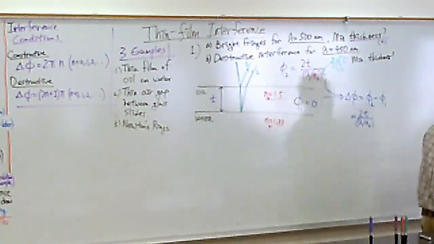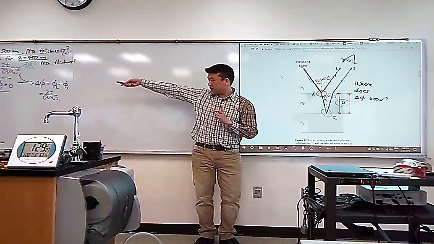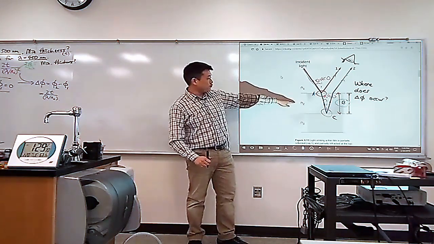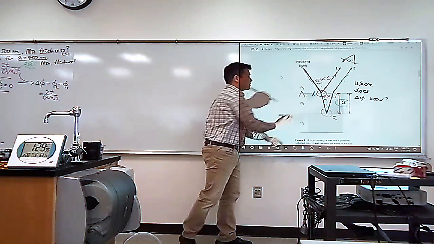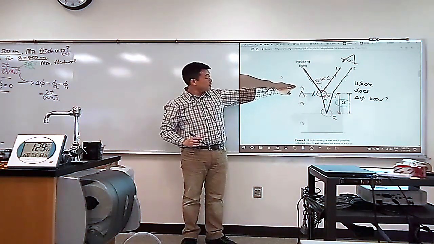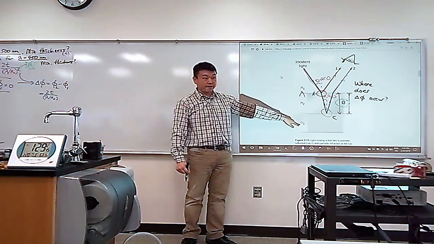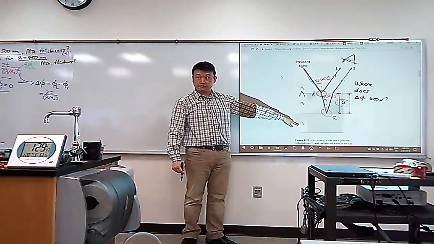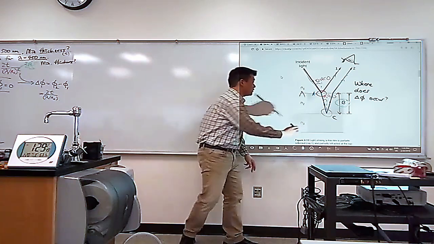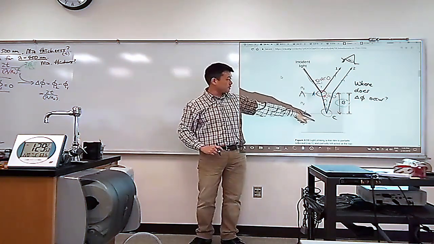So let me label it here. Let me set them in this order that sort of matches up there. So let's say n2 is greater than n1. This is 1, this is 1.5, this is greater than that. And the way I have it set up there, n3 is smaller than n2, right? 1.33 is smaller than that.